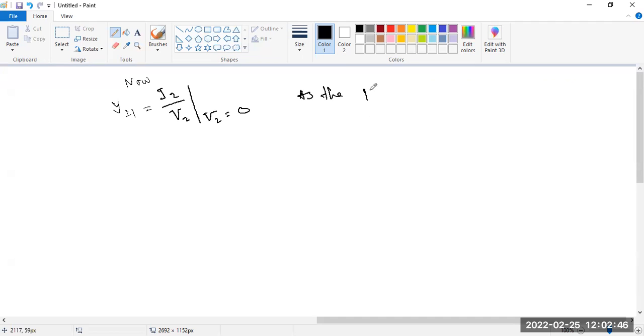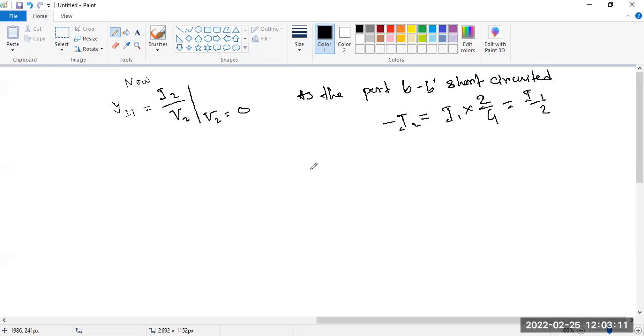As the port B and B dash are short circuited, the current I2 comes from V1 by 4, with a minus sign.